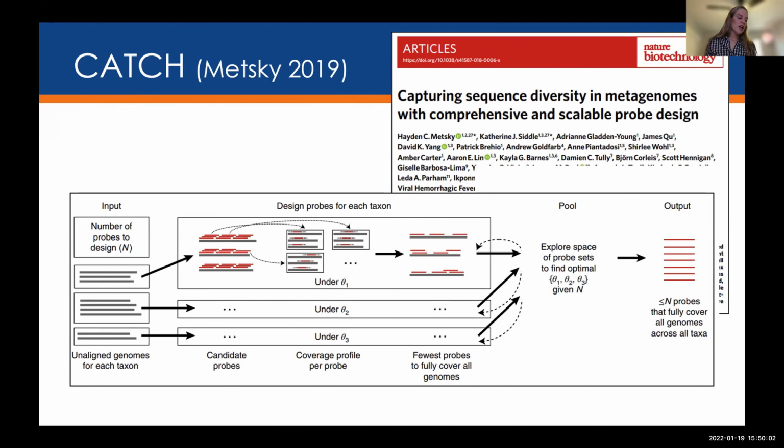They have quite a large collection of viral genomes, and then they do probe design to enrich for all of these viral genomes. This was published in 2019 in Nature Biotech by another research group. So the first thing that we attempted was saying, well, how about we try and use CATCH? What is going to be the outcome?